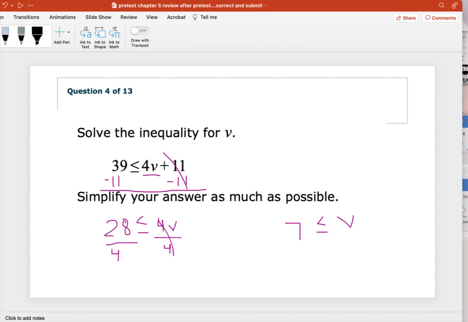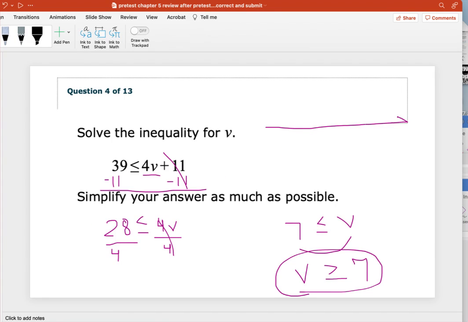But that is not written correctly because we never put the variable on the right. We always put the variable on the left. So we're going to switch this whole thing around in the mirror, and the sign switches. V is greater than or equal to 7. Now this one did not give you a graph to do.